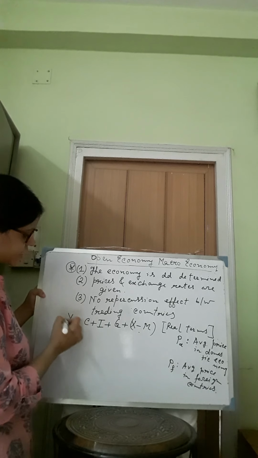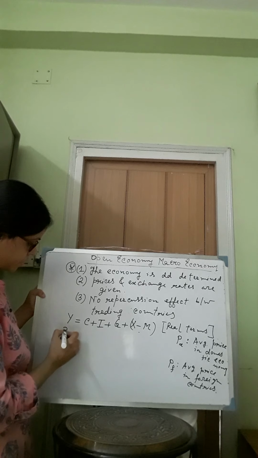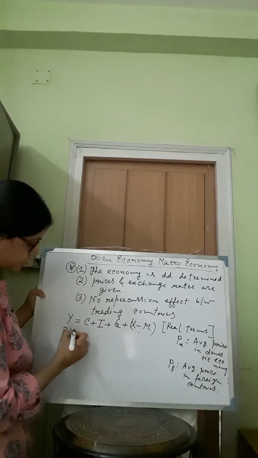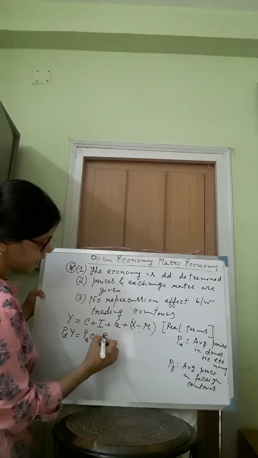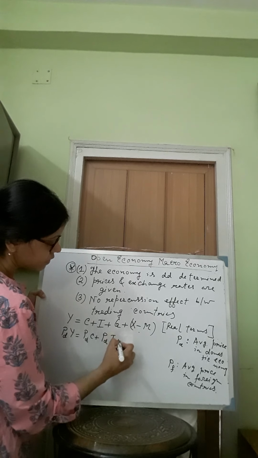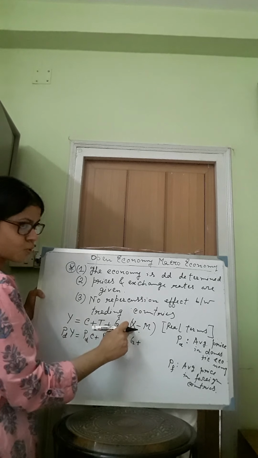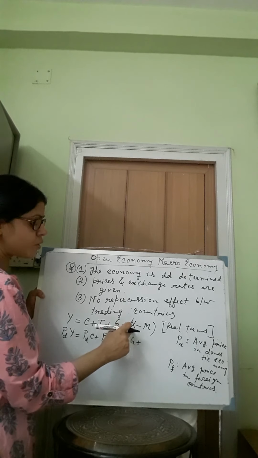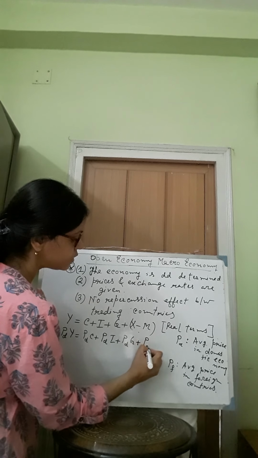Now Y is the total national income of the domestic economy, so this can be multiplied by PD. So this is PD Y. Then we have PD C, then PD I, then PD G. Then this export: these exportable commodities are produced within the domestic economy, so this can be multiplied by PD into X.